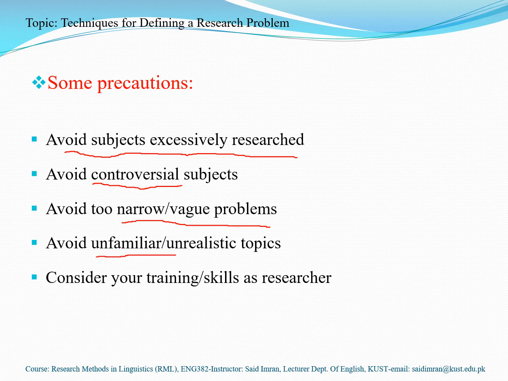Similarly, unfamiliar or unrealistic topics should also be avoided. Topics with which we are not familiar, we don't have sound academic background, or topics which are unrealistic, which are impractical in nature, should also be avoided.